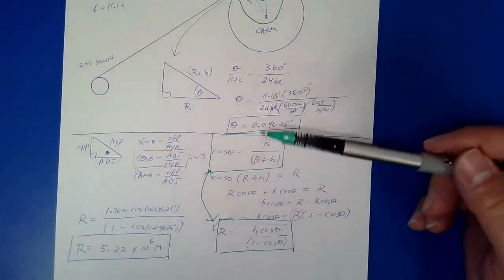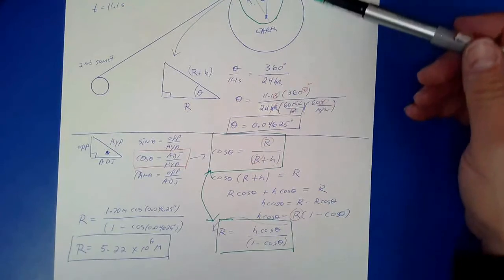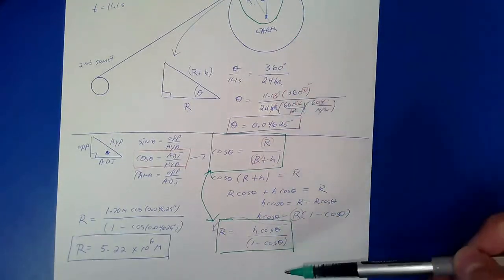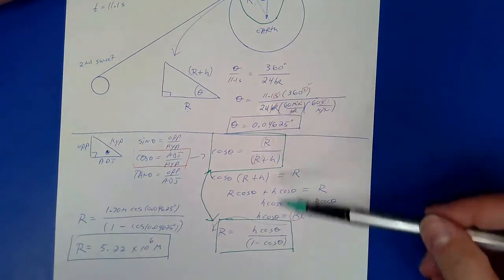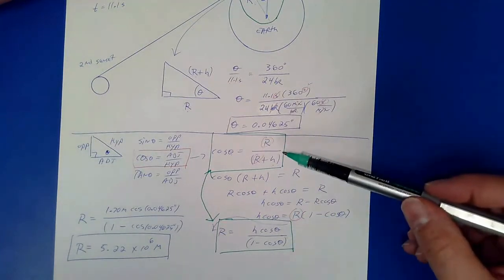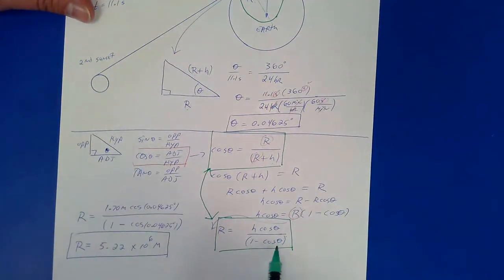So I can give you different things to solve for, but it's going to end up being these same equations. Maybe this is the best one to look at for solving for other stuff, because it only has the variable r in one place, h in one place.